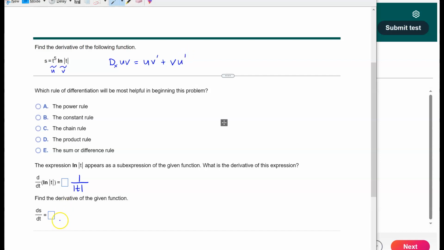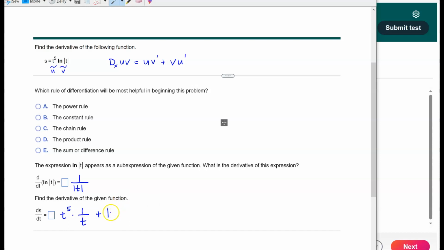So that is just equal to u, which is t to the 5th, times v prime, so 1 over t, and then plus v, which is ln of t.